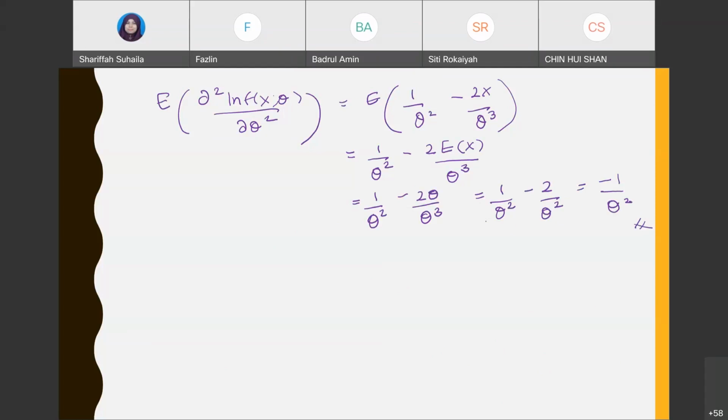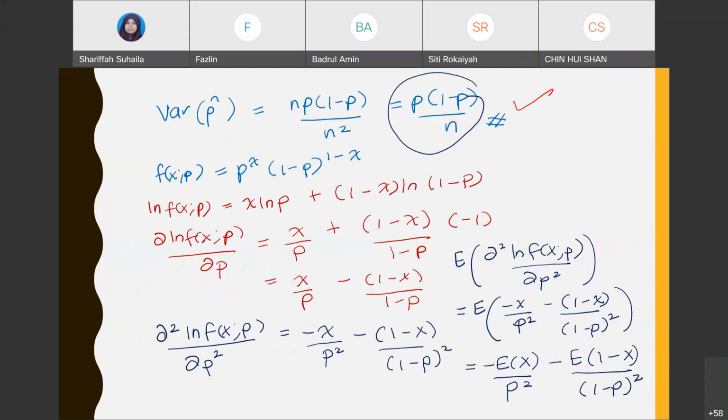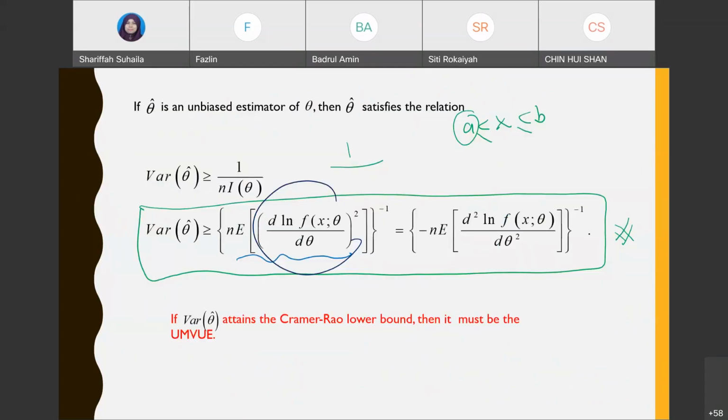So yang kita nak adalah Cramer-Rao lower bound. So kamu salin balik formula dia: negative n times the expected value of the second derivative of ln f(x; theta), all to the power minus 1.